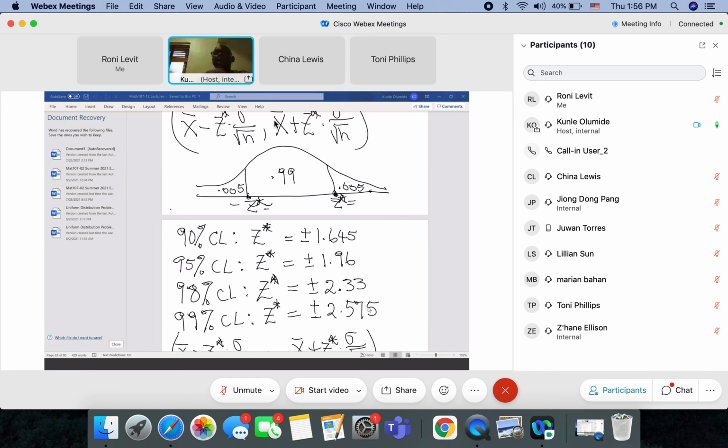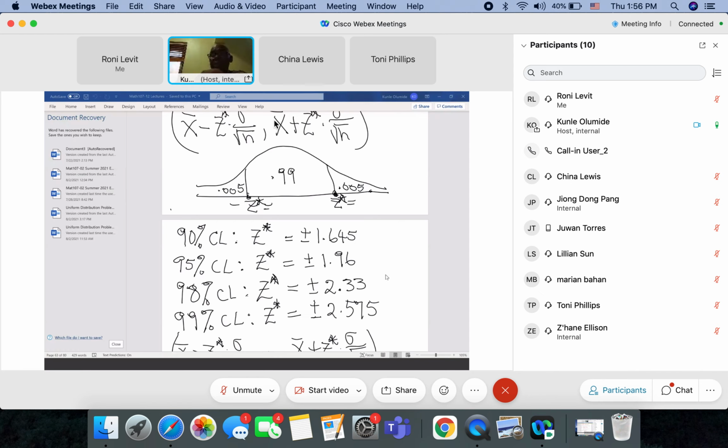We obtained those numbers from the table, and I did explain that if you have any other confidence level different from these four, you analyze it the same way we did these. Whatever the confidence level, you put it in decimal form and draw the graph.